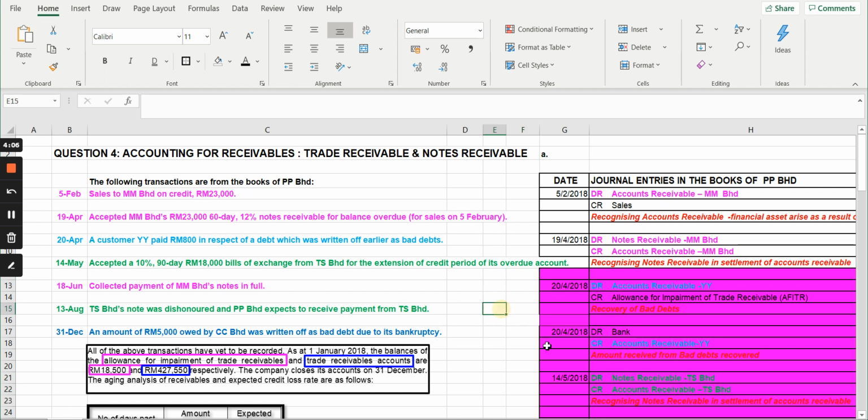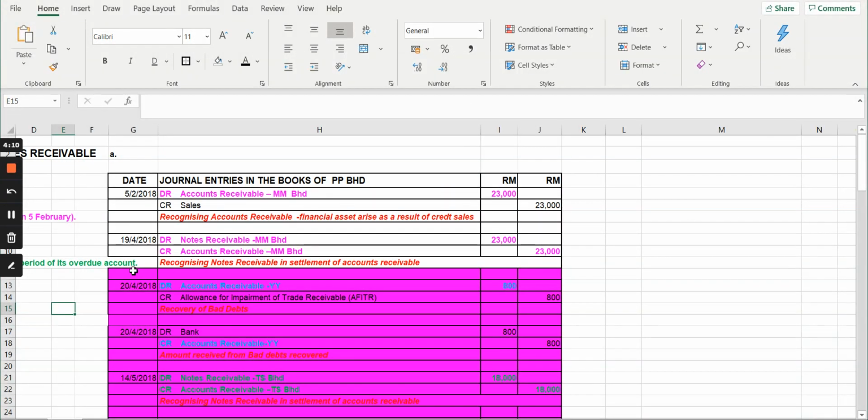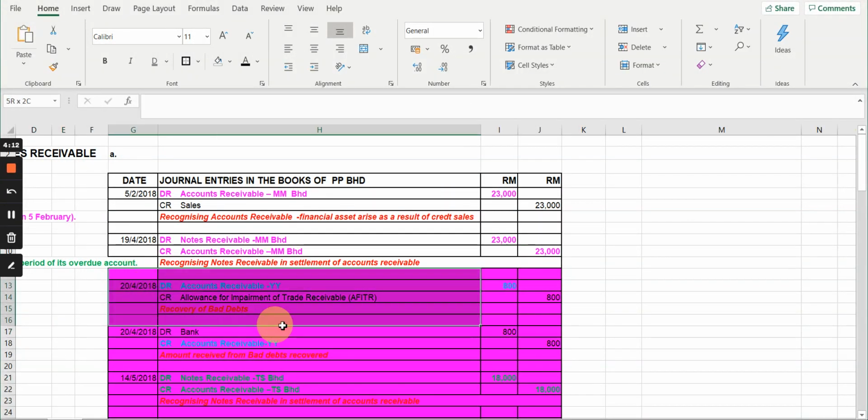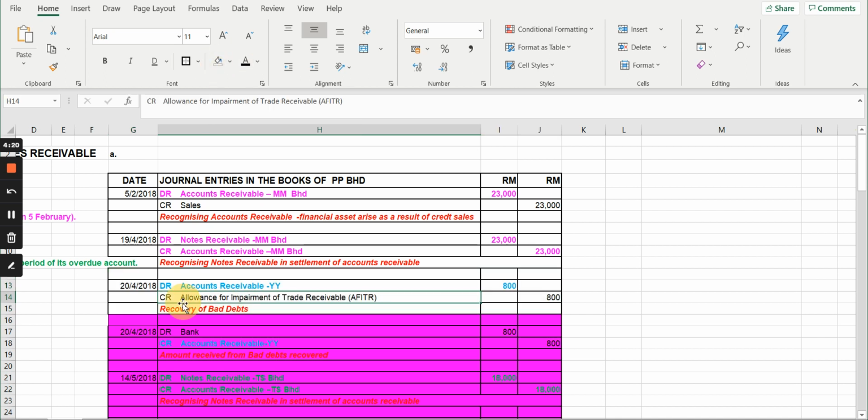And if you can still recall the bad debts recovered, there are two entries. One is for you to reinstate the account receivable with the debt that is being recovered, which is to debit account receivable of YY, because the customer is YY, and credit allowance for impairment of trade receivable 800.